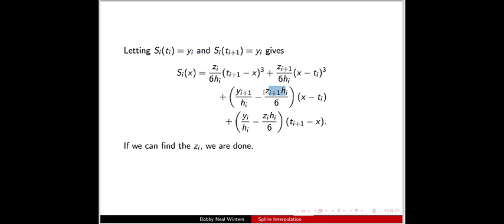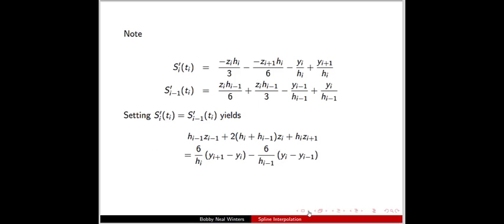If we can figure out what those are, then we're done. So we take the derivative, and we bring in our conditions of the derivatives matching up on the endpoints, and this gives us that this is equal to this, and hey, we can solve for those z's now.